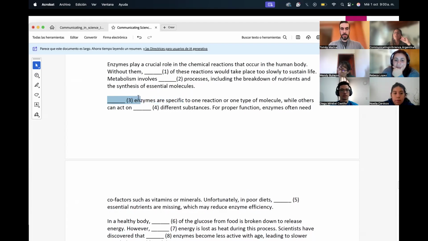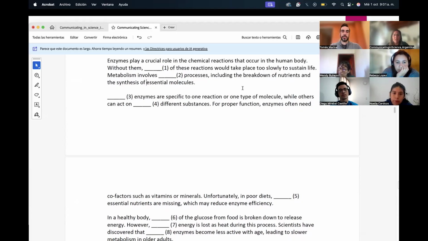Some enzymes are specific to one reaction or one type of molecule, while others can act on, how do you say varios? Several different substances, varias, several different substances.